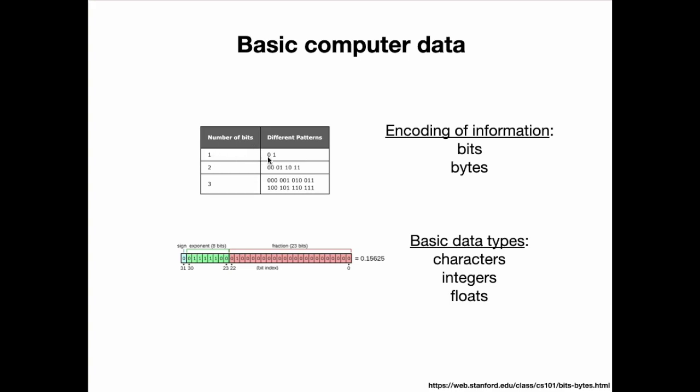So 1 bit will have 2 patterns. And the more bits you will use, the larger the number of patterns you can represent. Using this, one can code up the basic data types, such as characters, integer numbers, and floating point numbers.